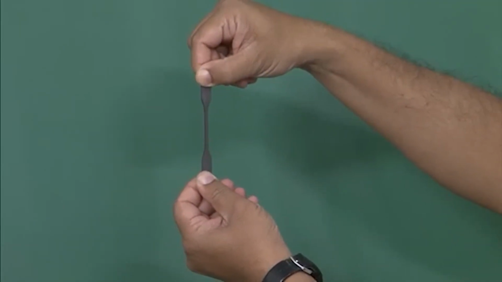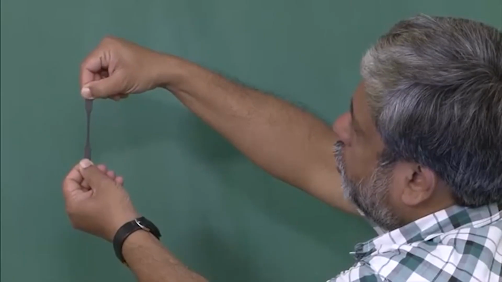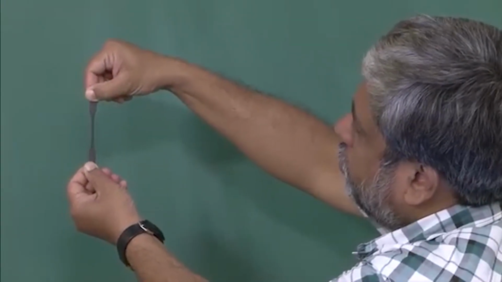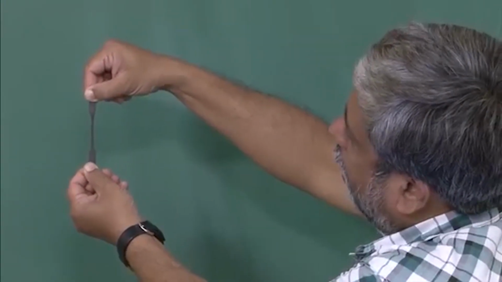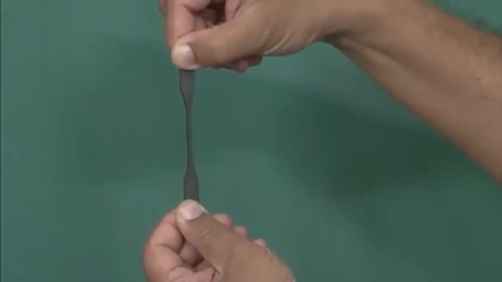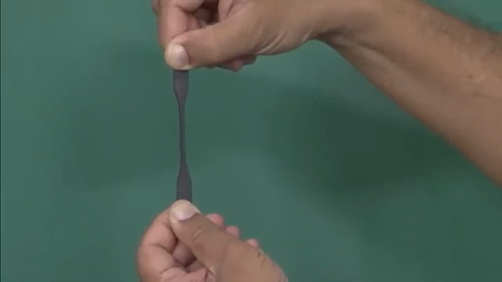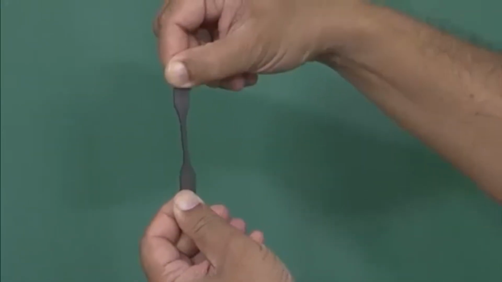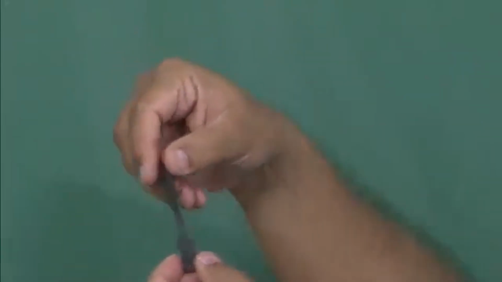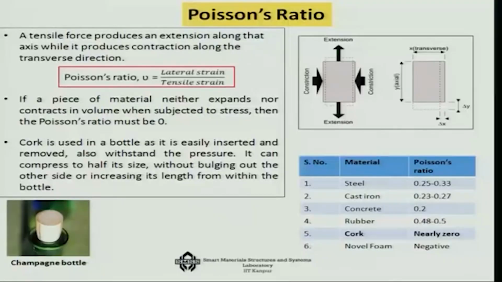So, this being a rubbery material which has a Poisson's ratio close to 0.5, this shows beautifully how it is narrowing down in the direction perpendicular to the application of the force. Okay. So, this nature of a material is depicted by what we call the Poisson's ratio of the material. So, that is the Poisson's ratio, which is the ratio of the lateral strain to the tensile strain.